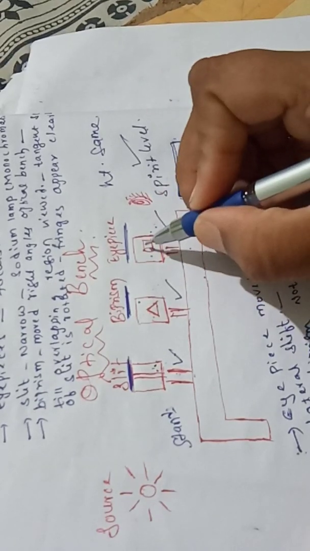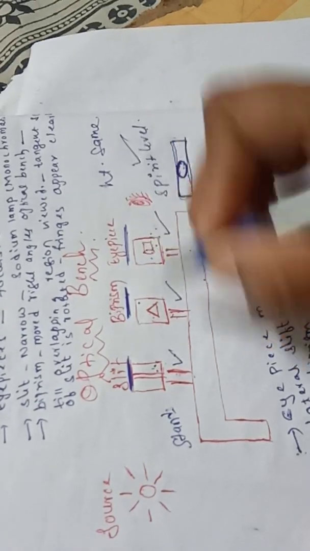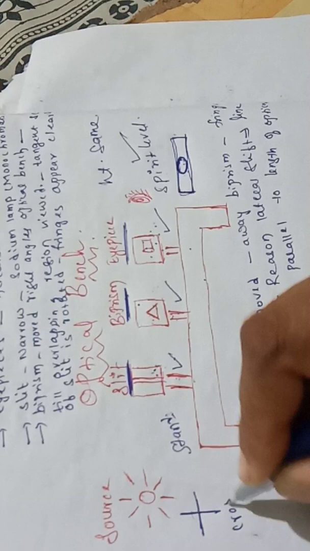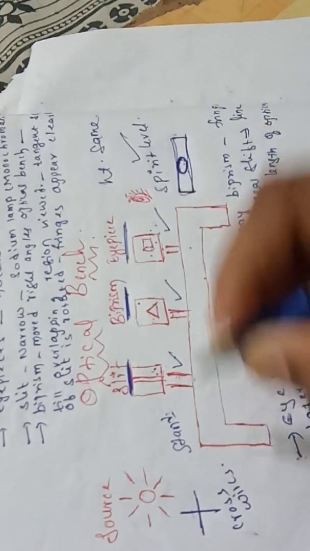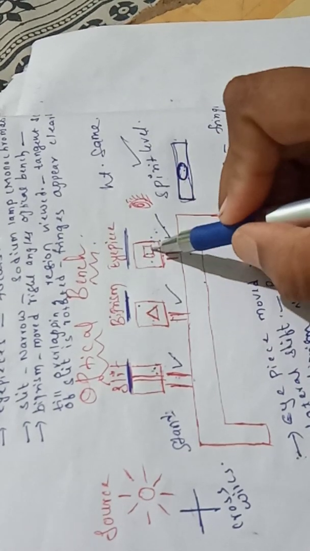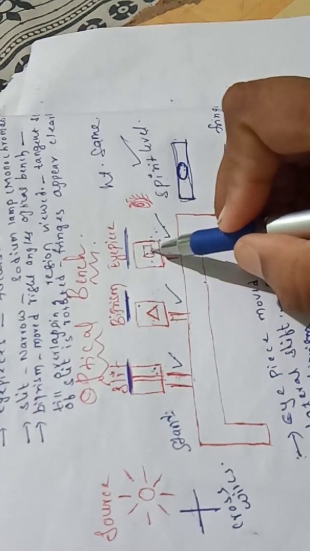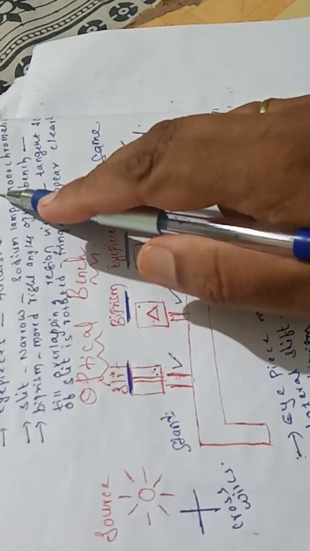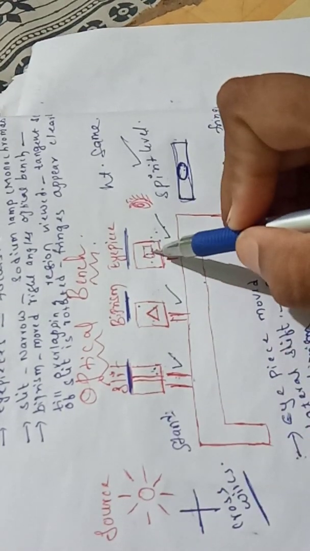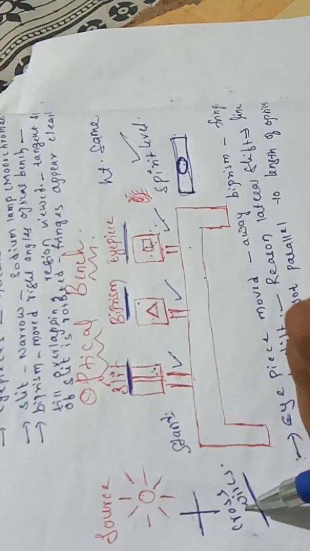Now we know that in the eyepiece we will have cross wires. First we will adjust the eyepiece so that we can see the cross wires clearly.